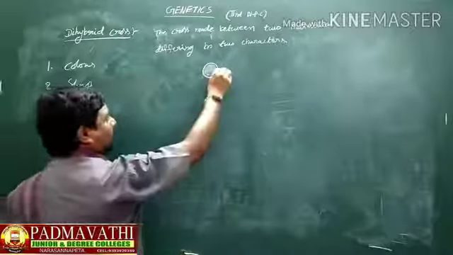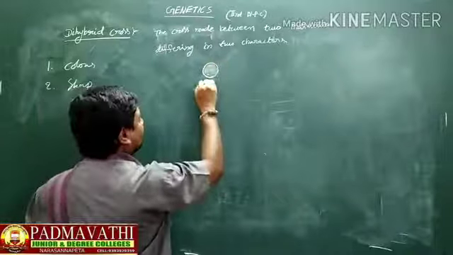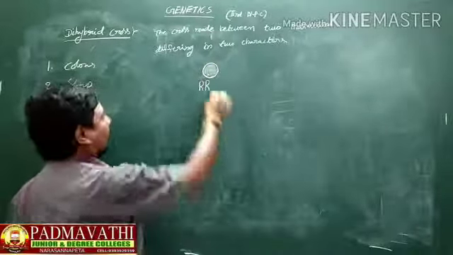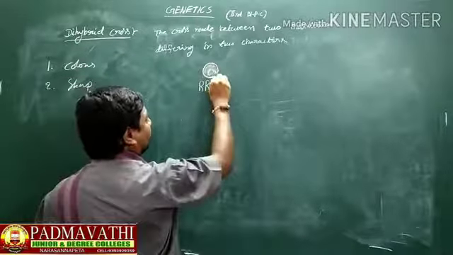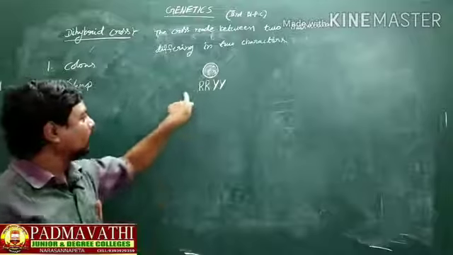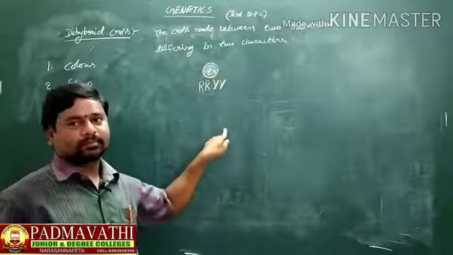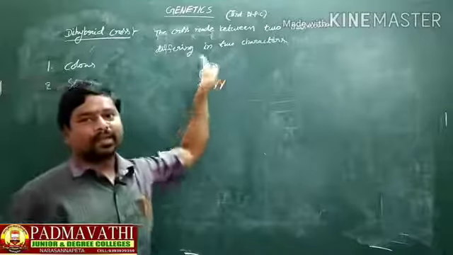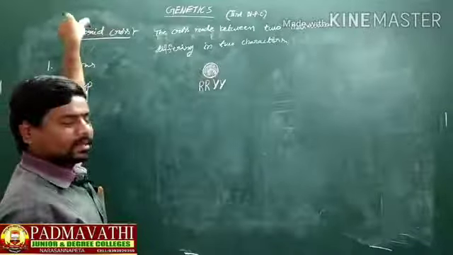The character round is indicated by big R and big R, and the color yellow is indicated by big Y and big Y. So four factors determine the characters of Mendel's dihybrid cross.